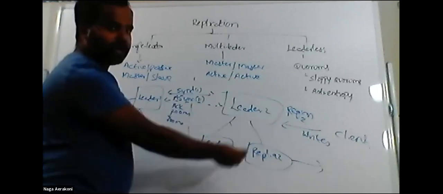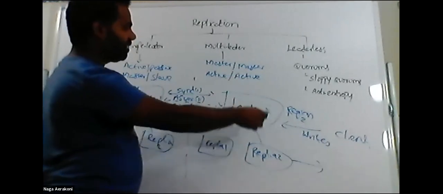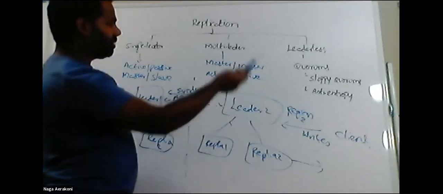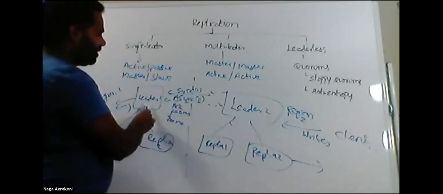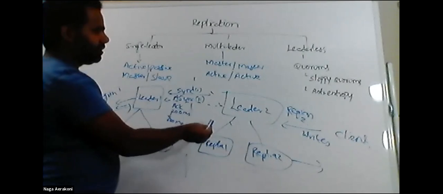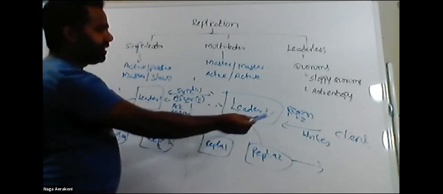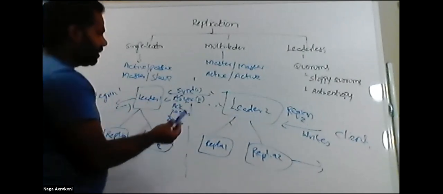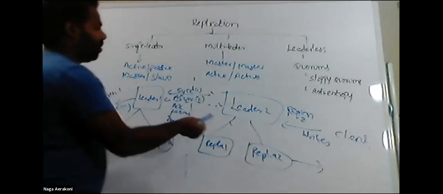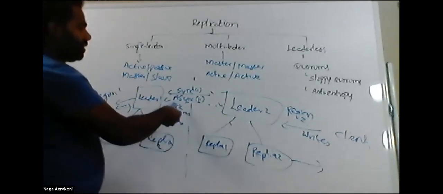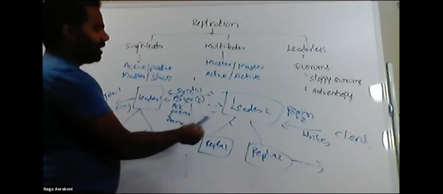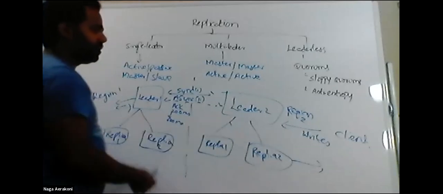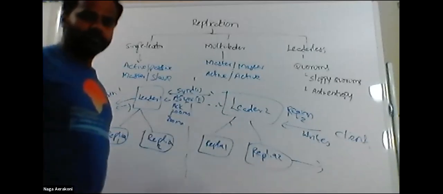I just took one example now, leader 2. We can have leader 3 and leader 4 in some other regions. So leader 1 will asynchronously send an update to all the other leaders, and as soon as they process this async update, they'll be ready to serve those queries.